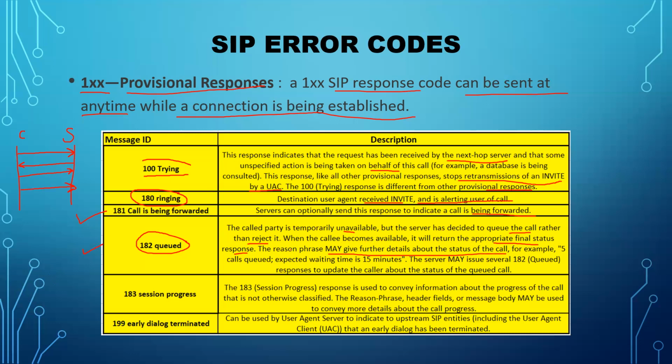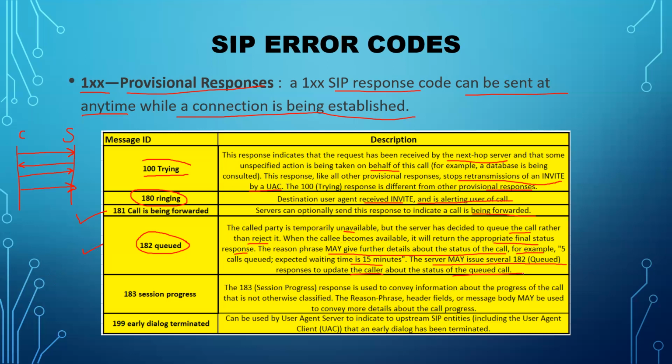The reason code would be there in the troubleshooting part in the messages. For example, 5 calls queued, expected waiting time is 15 minutes, right? Then the server may issue several 182 Queued responses to update the caller about the status of the queued call.